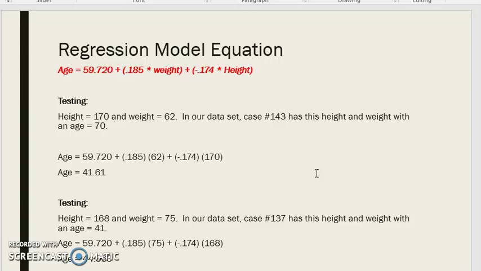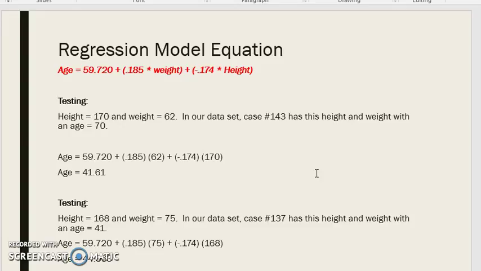So choosing a second testing point, I chose the height of 168 and a weight of 75, and in our data set, case number 137 has this height and weight, and it gives us an age of 41. So after entering that into our regression model equation, it actually predicted an age of 44 years, which, as you can see, is only off by about 3 years from our actual data.